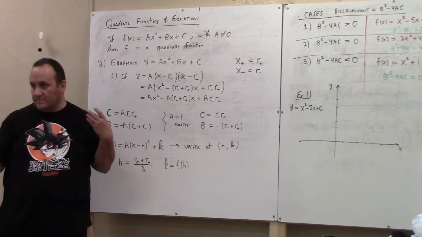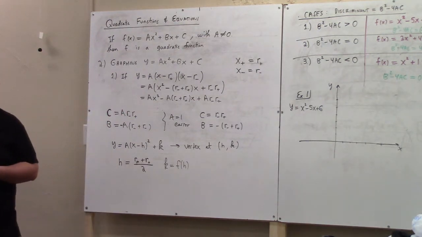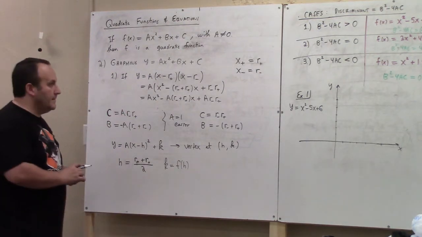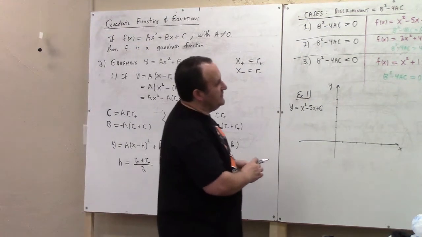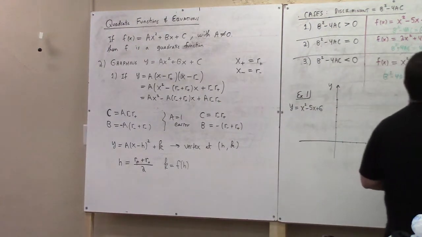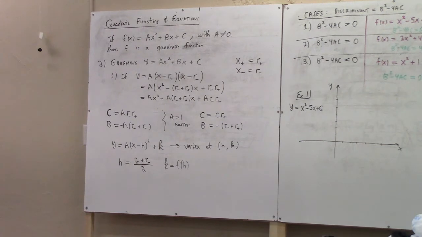What does it look like? Is it like that, or like that? Well, what does it mean to say that these are solving the equation f of x equals 0? Is it where it crosses the x-axis? That's where y equals 0.